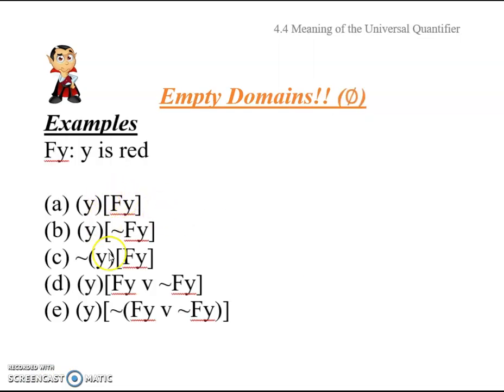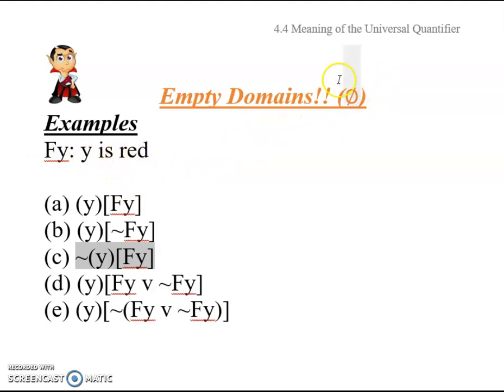So let's take a look at these universally quantified sentences. Of course, you'll note that this one is not a universally quantified sentence. That's a negation. But let's look at these sentences, some of which are universally quantified sentences and all of which involve the universal quantifier. And let Fy be a property constant designating the property of being read, okay?